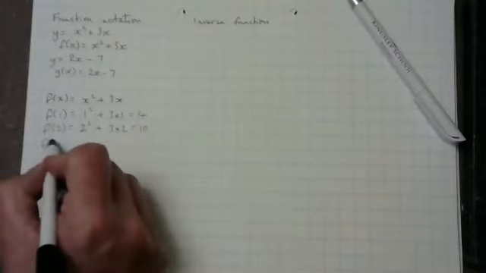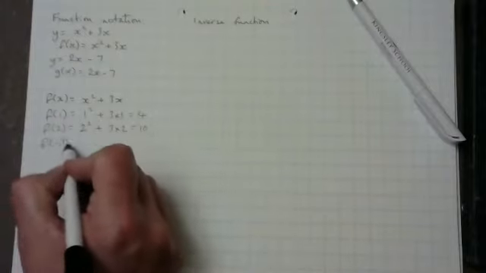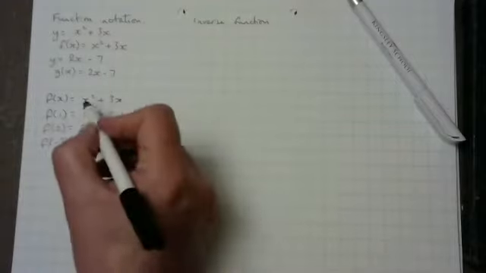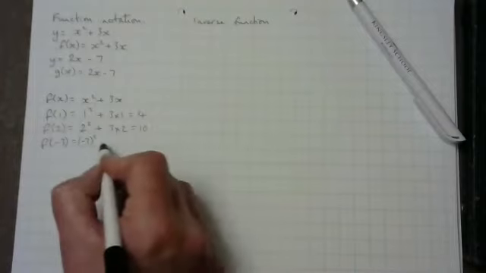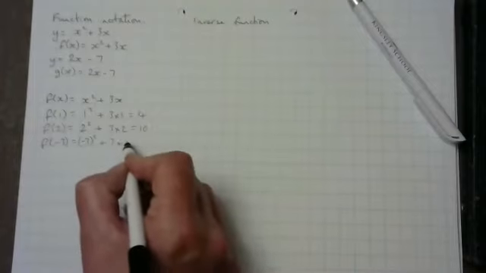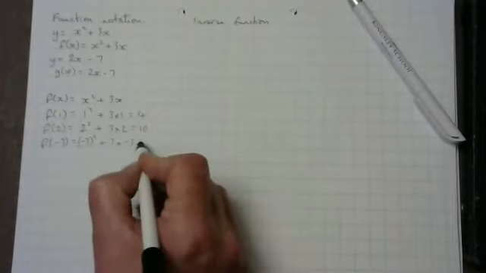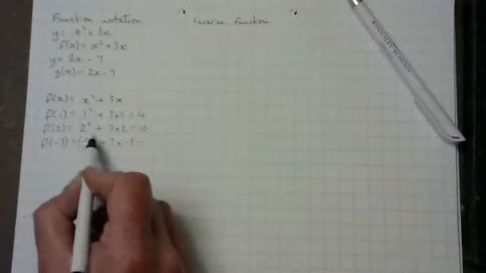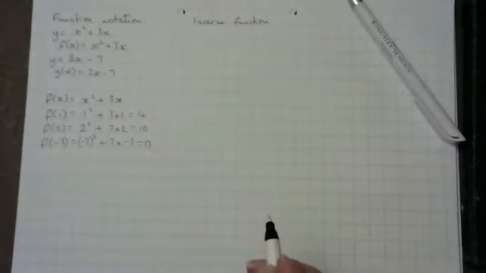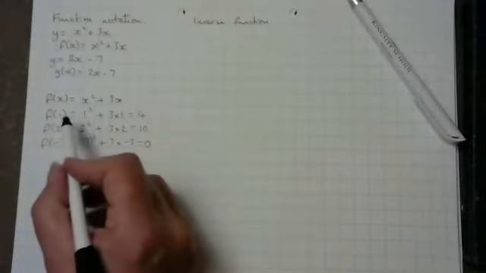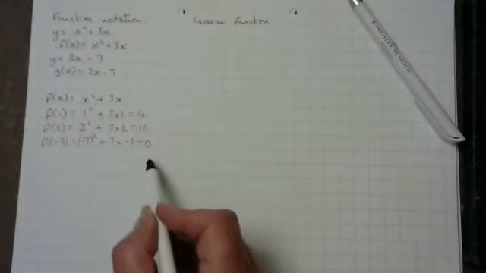What's f of minus 3? Negative 3 squared plus 3 times negative 3 equals negative 3 squared is 9 minus 9. So I have inputs and I have outputs.